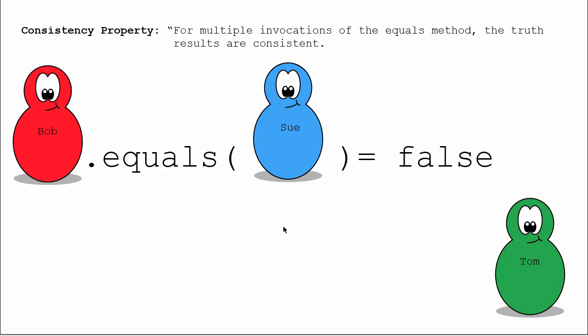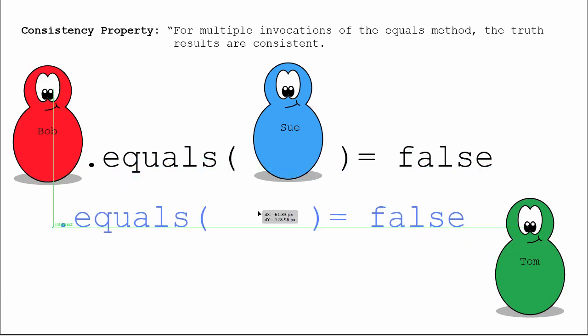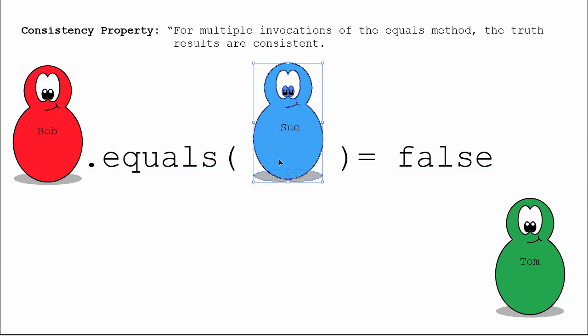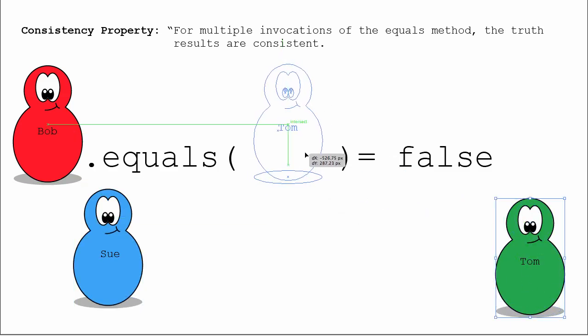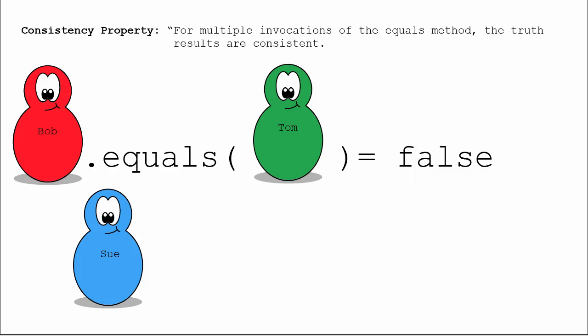Let's say, for example, let's take Sue out of this and let's put Tom in. And now let's change the truth value. We make it true. And so we evaluate Bob.equals_Tom. We find out that it's true. And so the object Tom goes along his merry way.